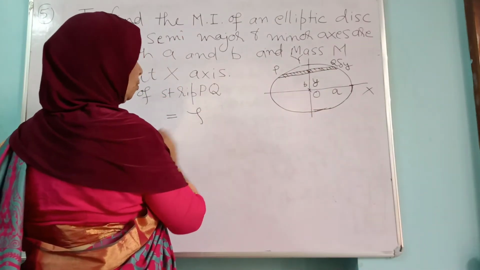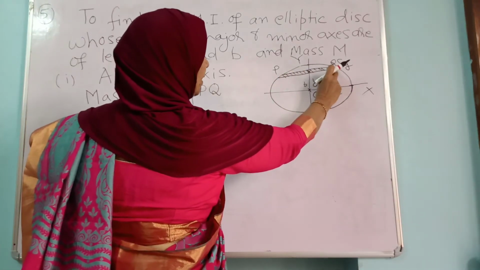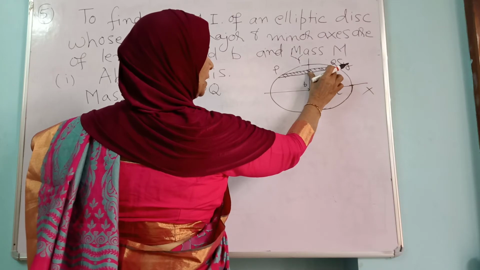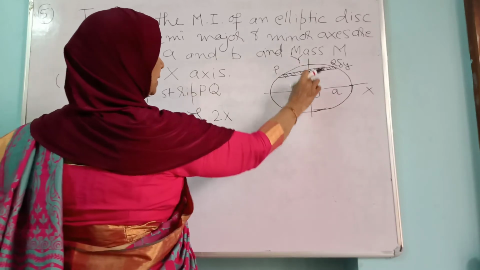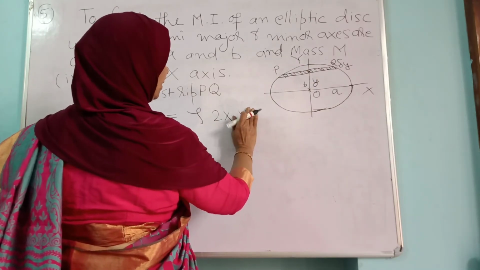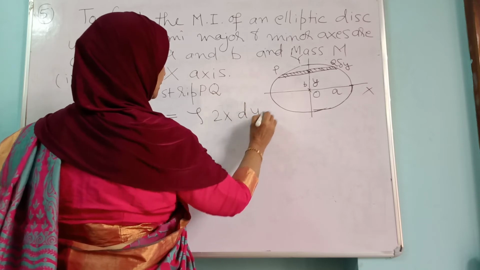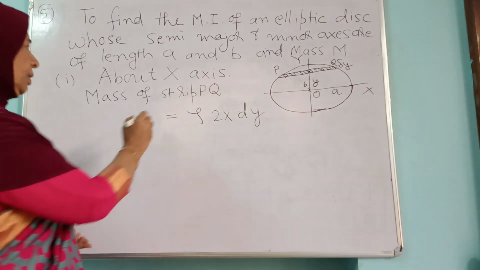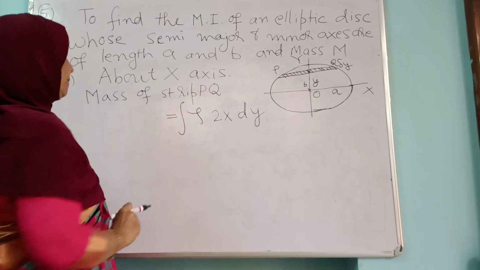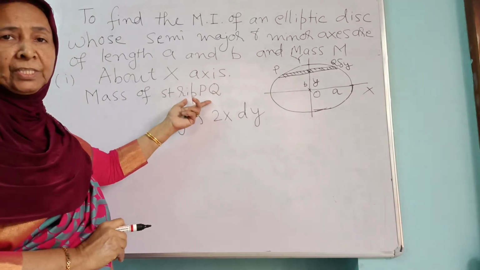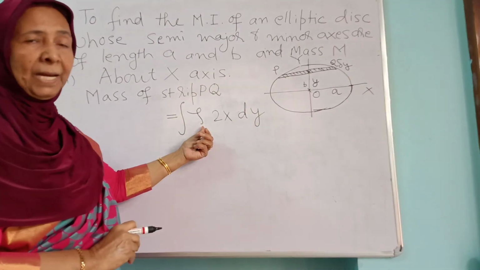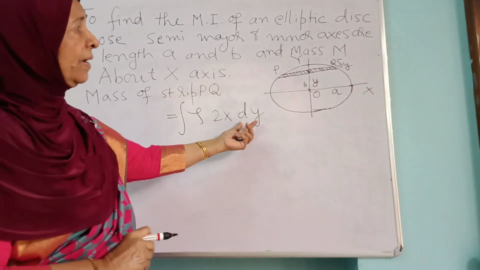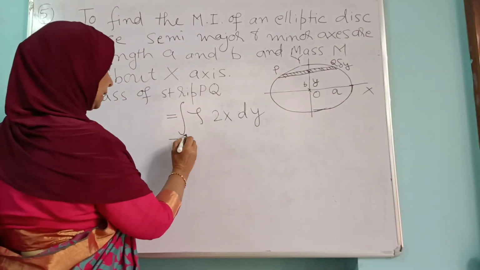So density is rho, length is, this point is (x, y), so this much is x, so length is 2x, and breadth is delta y. So we are finding the mass of the elementary strip. So area 2x dy multiplied by density, and y varies from minus b to plus b.